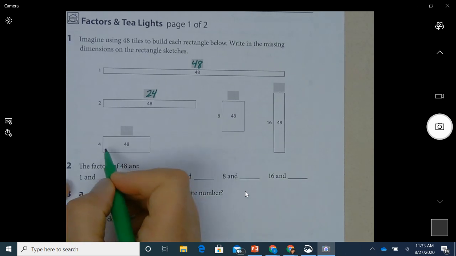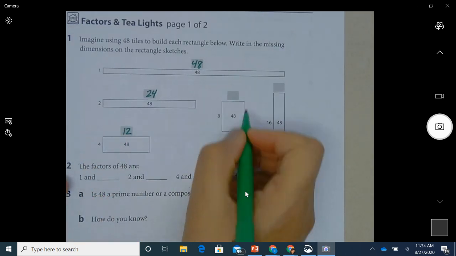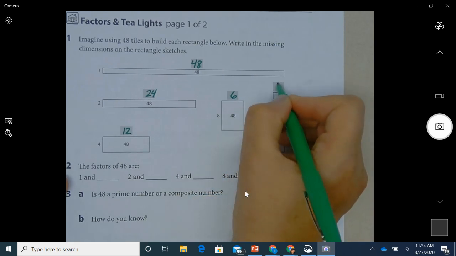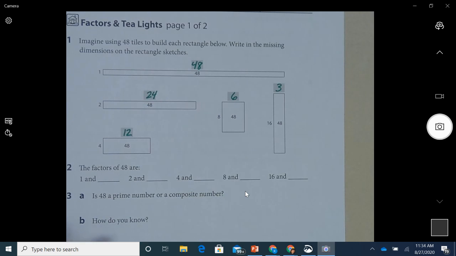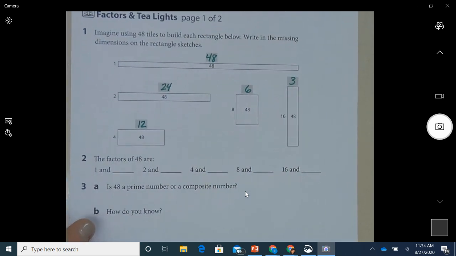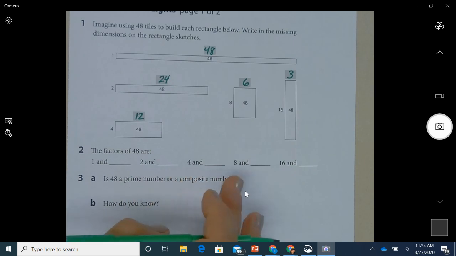So hopefully you knew that 4 times 12 is 48, and 8 times 6 is 48, and 16 times 3 is 48. So now that I've got all these boxes of tea lights, what are the factors of 48? 1 and what? 2 and what? 4 and what? 8 and what? And 16 and what?